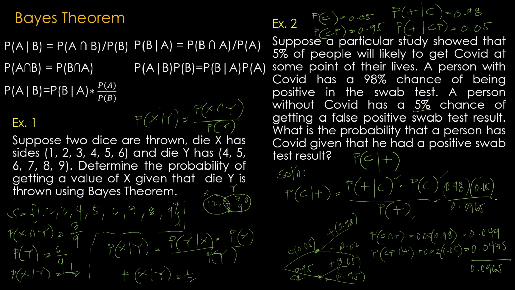And that would be equal to 0.5077 or 50.77%. This is the probability that a person has COVID given that he has a positive test result in the swab test.